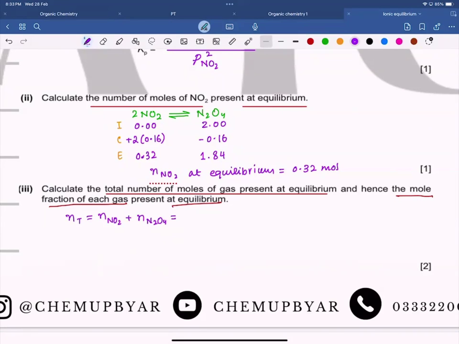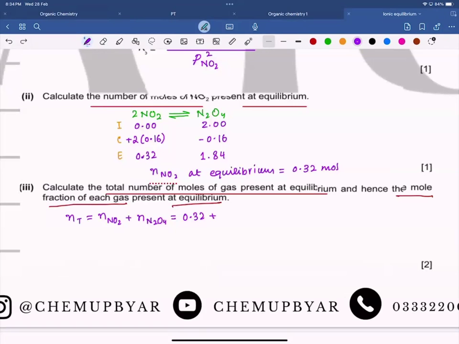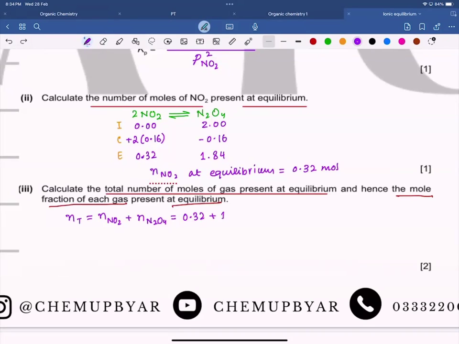So moles of NO2 are 0.32 and moles of N2O4 are 1.84. If you add them, what moles will you get? 2.16.